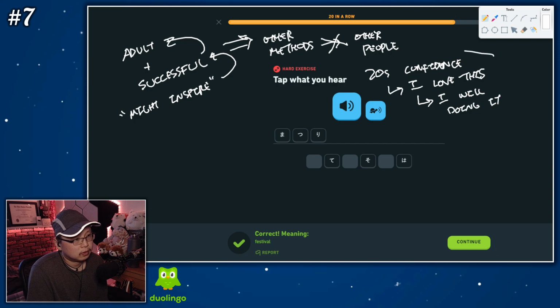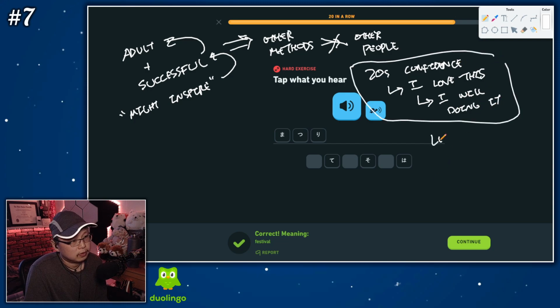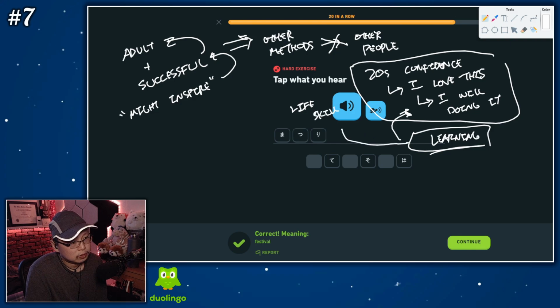And that's one of the components of learning that I feel the internet does not provide. This is a giant component of learning. This thing I'm describing is a life skill. To be able to do something and learn something with confidence that's not dependent on other people.